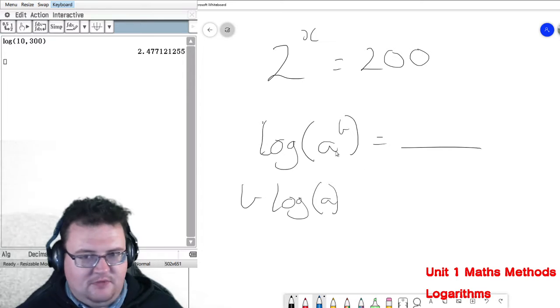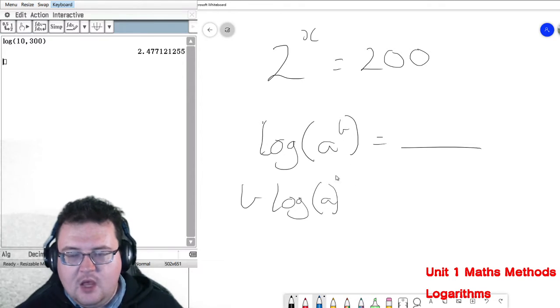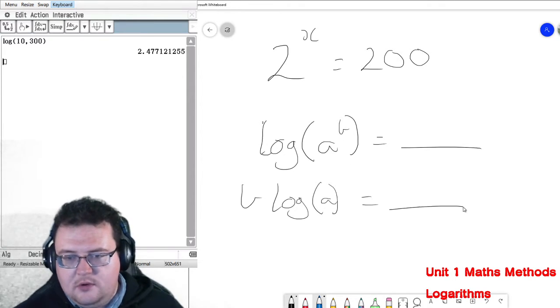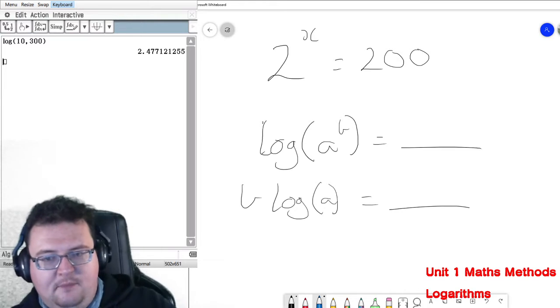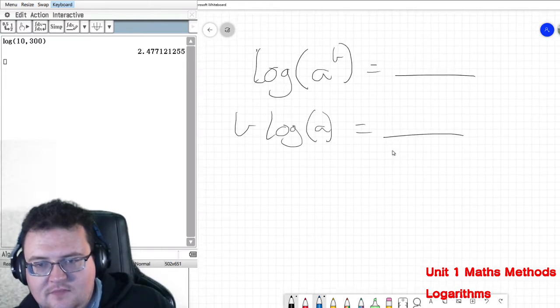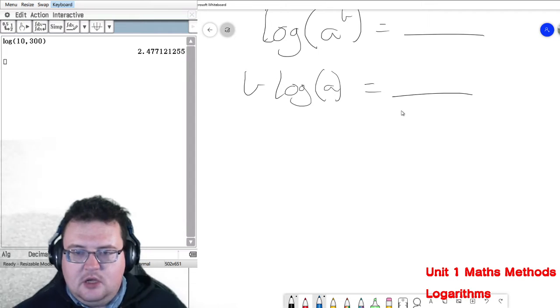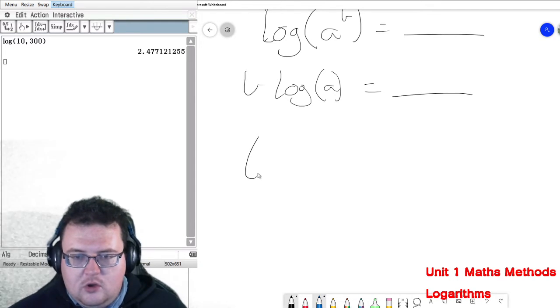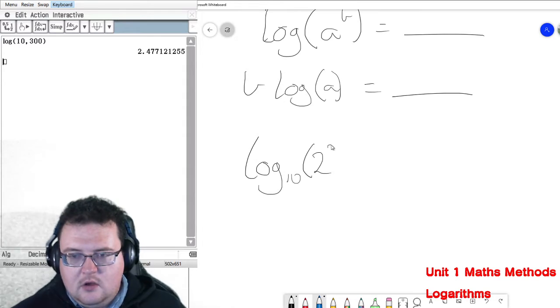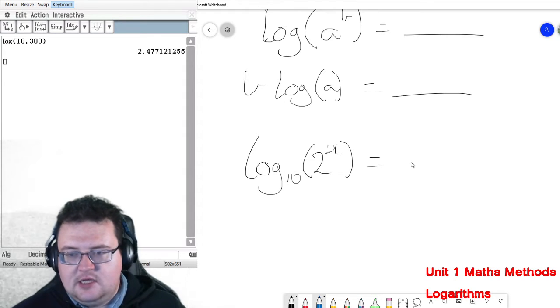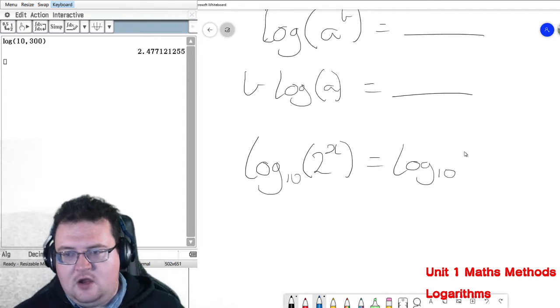It lets me simplify this log. So what I can then do with the one above is go, okay, log 10 of 2 to the x is equal to log 10 of 200.